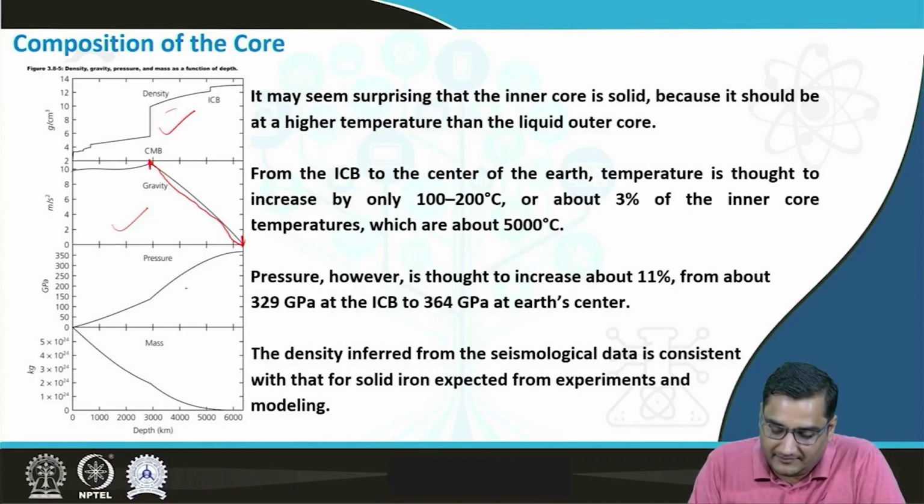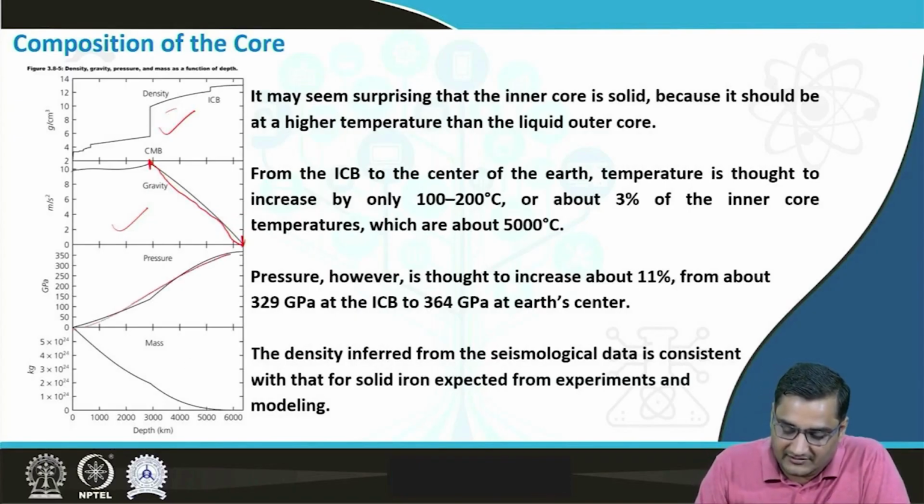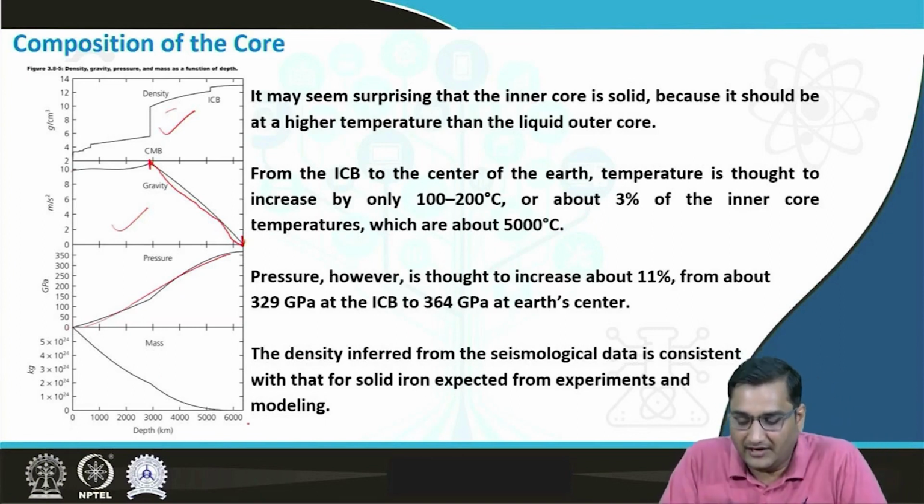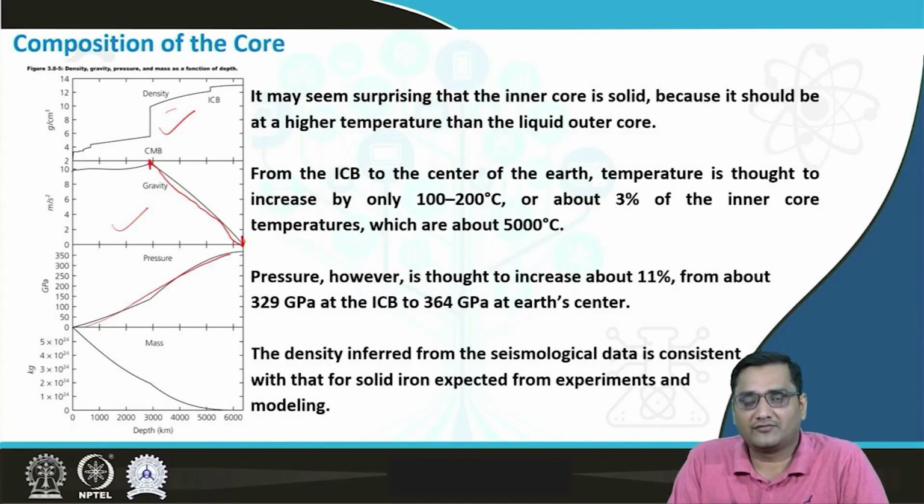And this is the pressure, which gradually increases with depth, and this is the mass, which gradually reduces with depth. It may seem surprising that the inner core is solid, because it should be at a higher temperature than the liquid outer core. Since the temperature is very high as you go into the core, as per our assumption the inner core should be liquid, but it is solid.